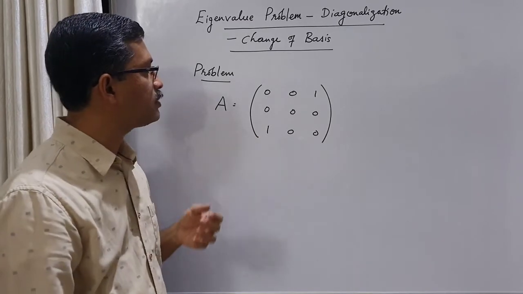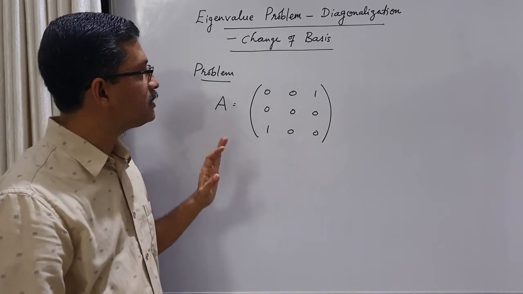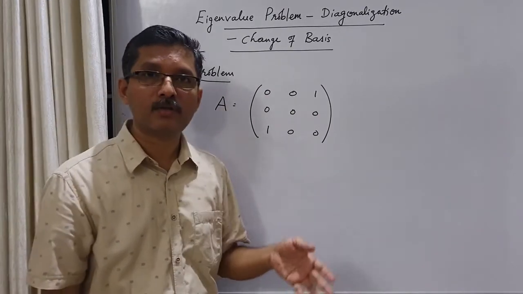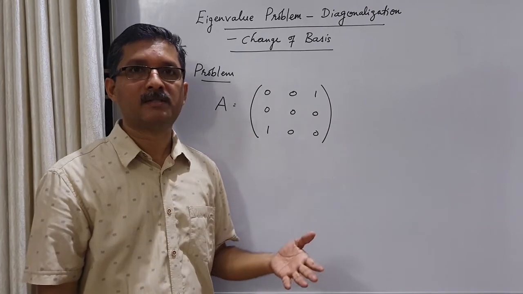So this is also a Hermitian operator. Incidentally, you can check that we have proved the theorem that eigenvalues of a Hermitian operator are real and eigenkets are orthogonal.